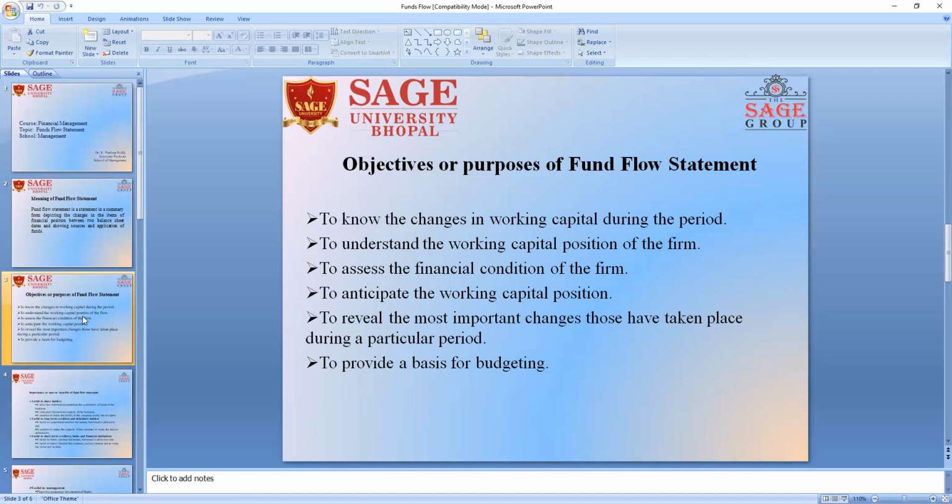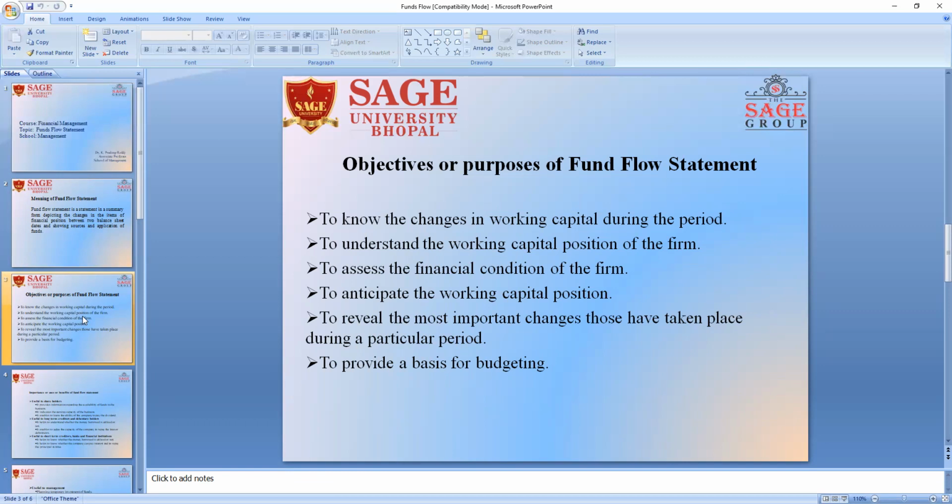So when we are looking into the funds flow statement, we are taking the reports of two annual reports, so that we can understand what are the most important changes that we have made, whether we have sold the shares or issued share capital, or we have sold a machinery or we have bought a machinery.